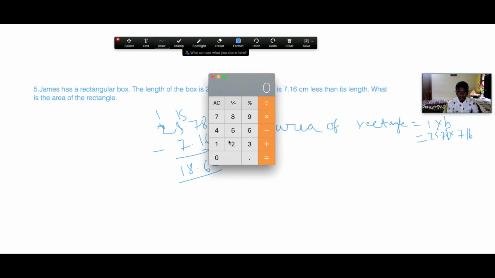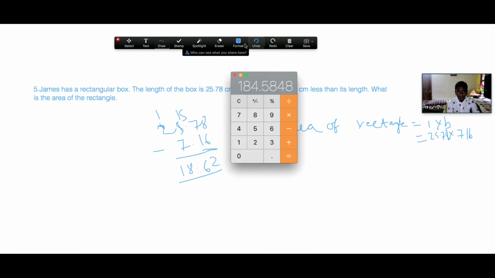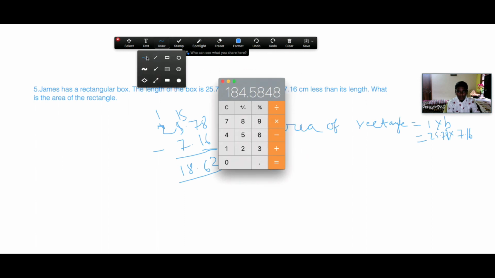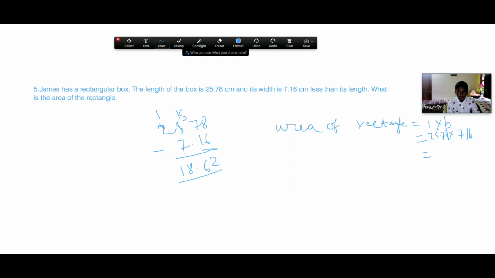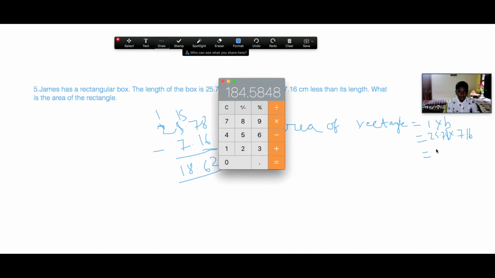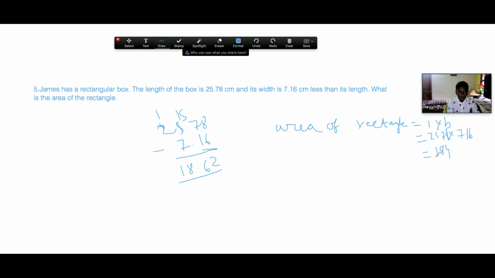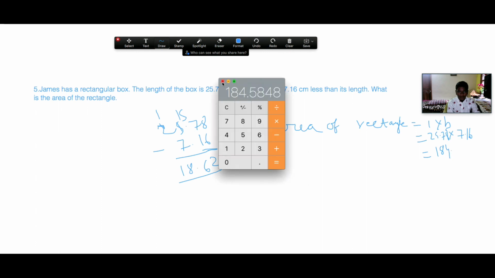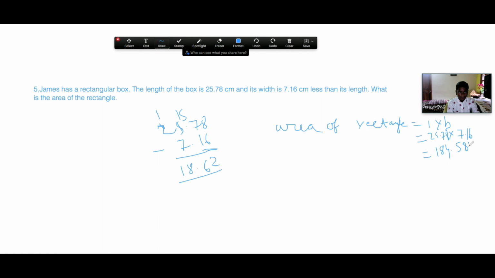So it is 25.78 into 7.16 is equals to. So this is the answer, friends. So now I'm going to write it. This is equals to 184.548. So this is the answer, friends.